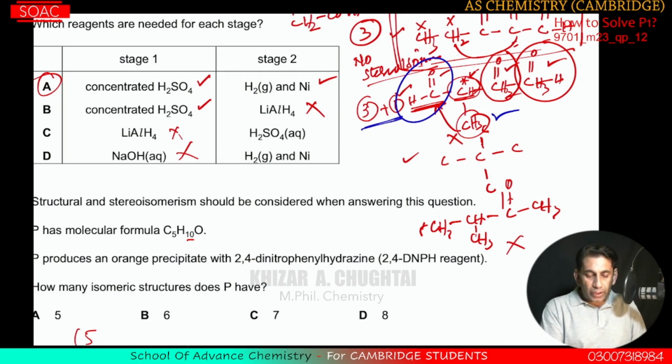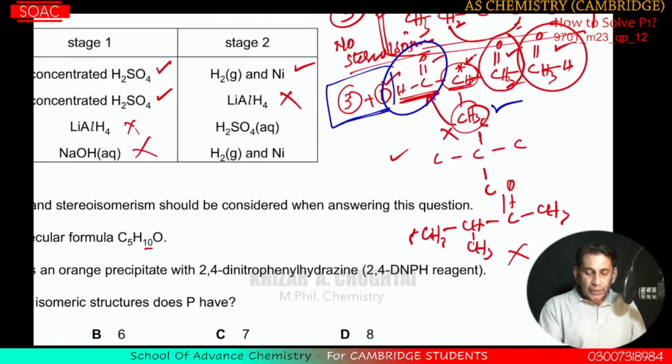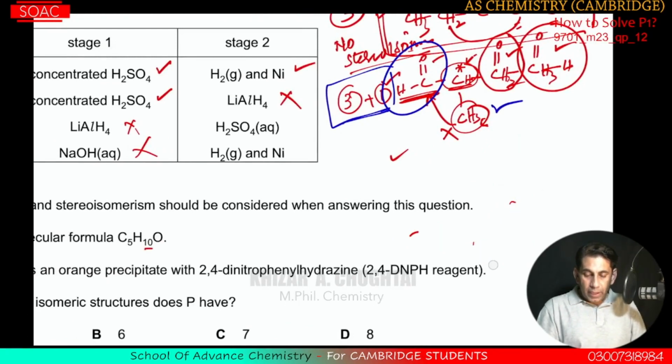So 4 total isomers are possible in this 4 carbon longest chain, you can say. The last one is this one. I'm going to draw it over here once again. The last option of the 5 carbon arrangement is this one, with 2 branches or 2 methyl groups. There is only 1 possibility, that is having an aldehyde.